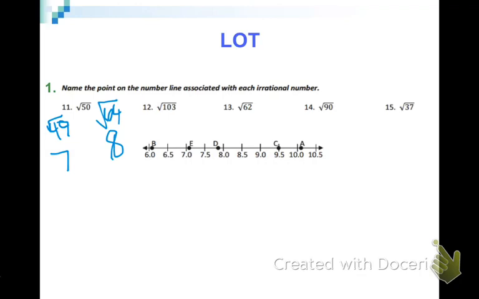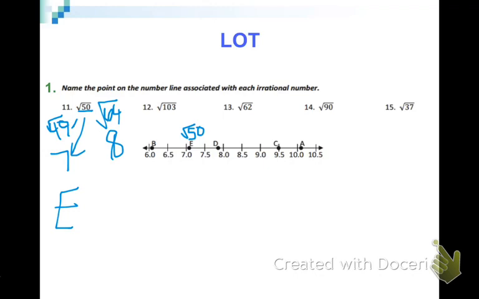So I see that there are 2 points between the 7 and the 8 on my number line. So how do I choose? Well, when I look at the square root of 50, I notice that it is definitely closer to 49 than 64. So I think that it needs to be closer to the answer of 7, which leads me to believe that number 11 is E. So square root of 50 is letter E.